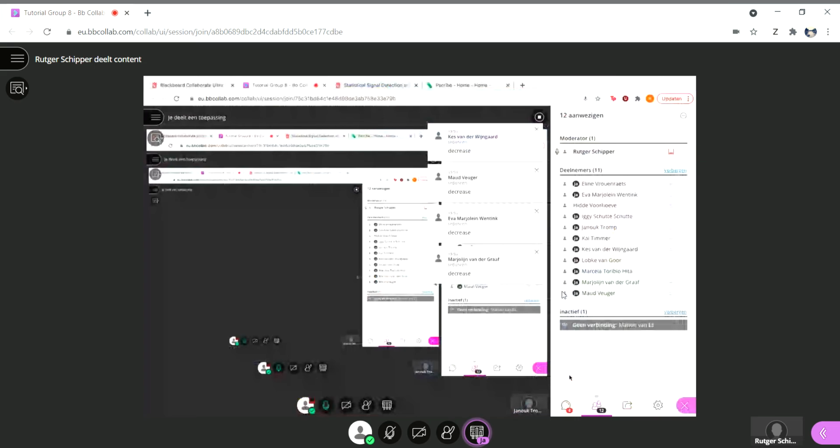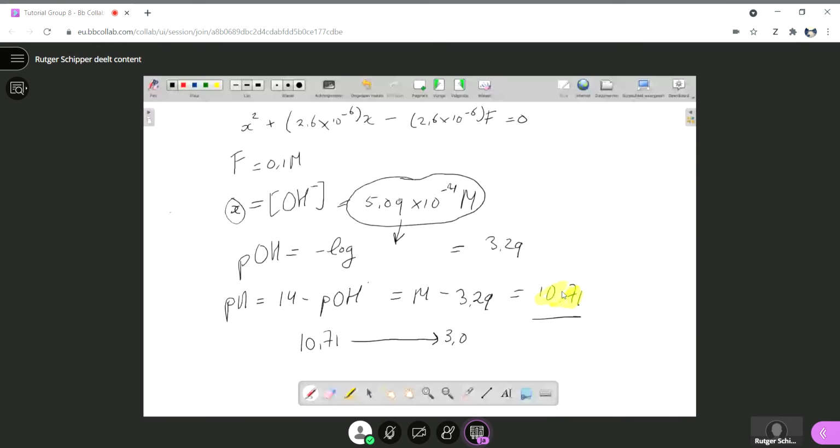So our next answer, for 10 milliliters added, should be lower than the answer we find here. If it's higher, then we did something wrong. So I'm going to calculate what the pH is when we add 10 milliliters, and the pH should be lower than 10.71. If this is the case, then we can assume we made our calculation right.